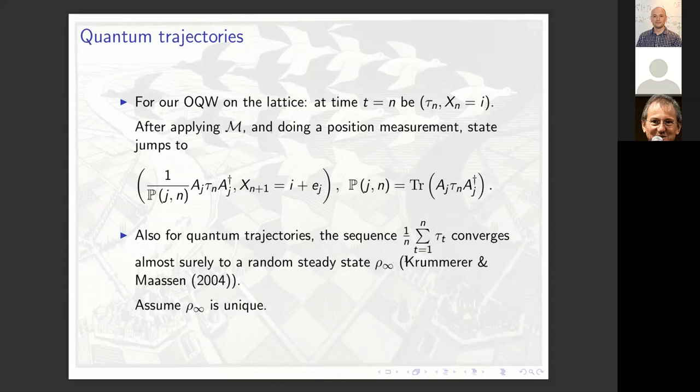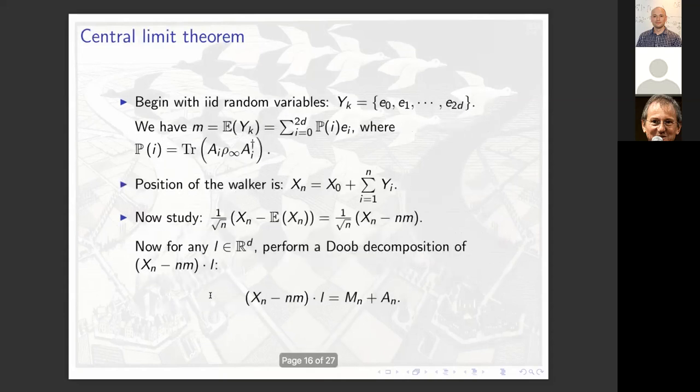That's argued in that paper, and we're going to make use of that. An additional assumption is that our steady state is unique. Armed with all of that, we can start to address the issue.